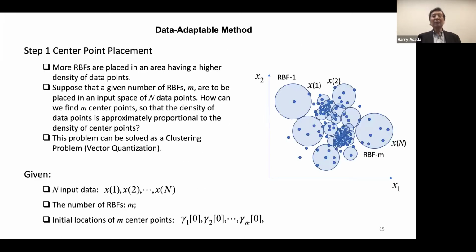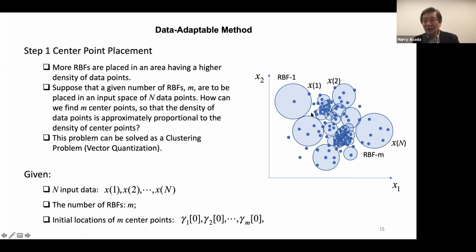So, data adaptable method. Step one is center point placement. More radial basis functions are to be placed in the area having a higher density of data points. So somewhere in Wyoming or North Dakota, there is not much population, right?